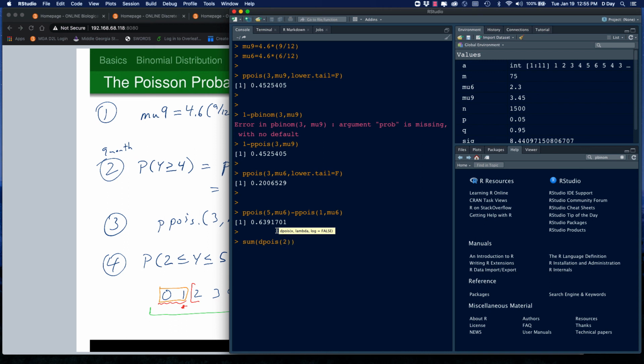You could put 2:5 and say, hey, I want you to find me the probabilities for 2 through 5 when my mean is from a 6-month period, and I want you to sum those things together. So the dpois function inside here will get us the probabilities. The sum function will take those probabilities and add them together for us, and we should get the same thing. When you're doing intervals, this is probably even a better way to do it.